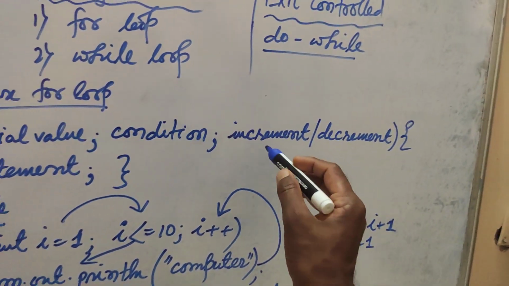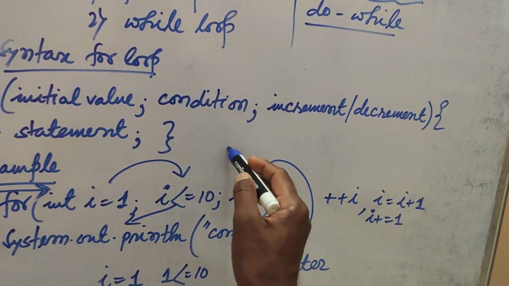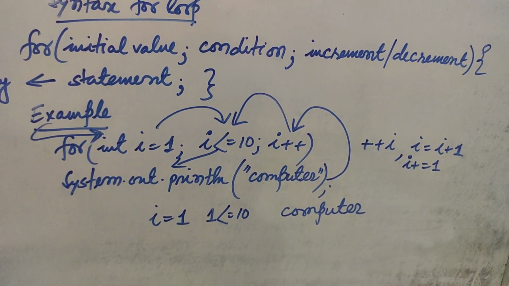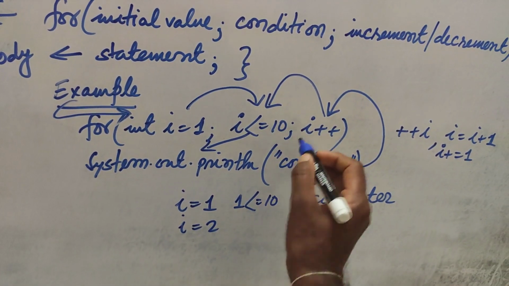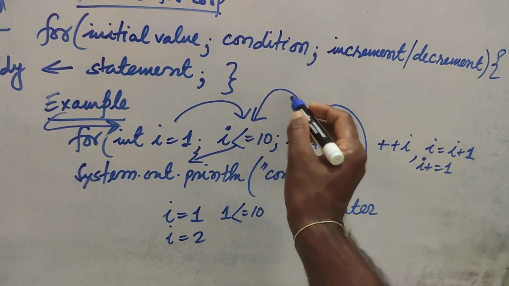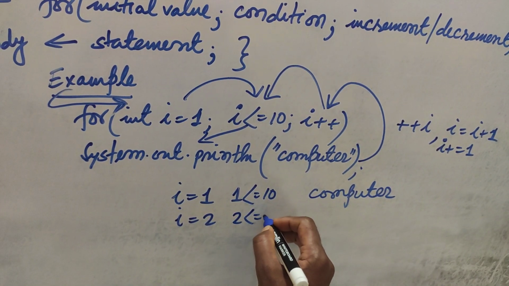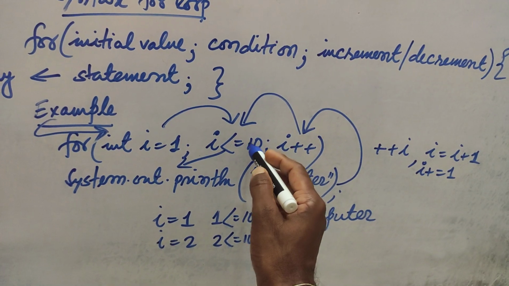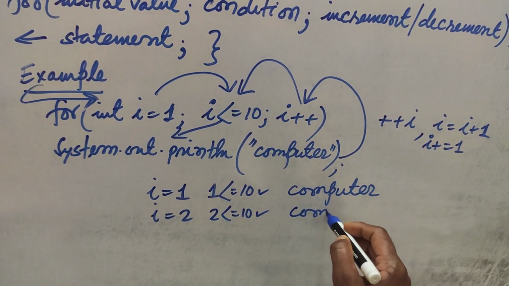After increment or decrement, it will come to the condition. Then condition, I equal to 2, because 2 has already been incremented. 2 less than equal to 10, it's true. When again it's true, it comes to the body. The word computer will display again.